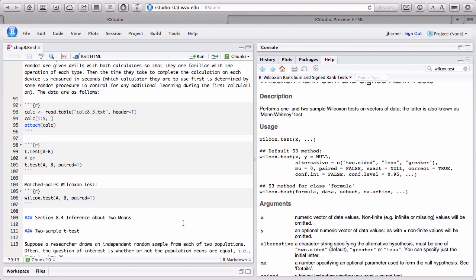So we're going to take a difference, and once we take the difference, then we're going to test the hypothesis that the mean of the differences, mu, is 0. So in this case, if we're doing A minus B, if calculator A takes longer to use than calculator B, then the differences tend to be positive, and we may reject our hypothesis.